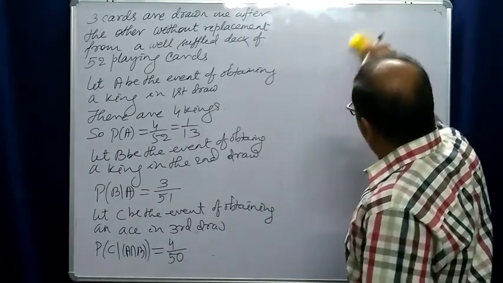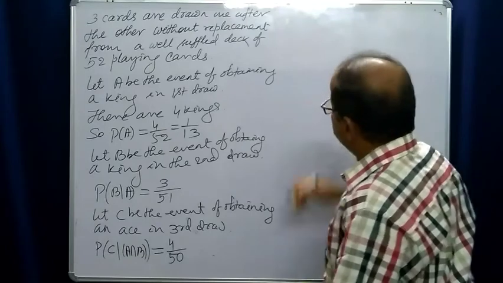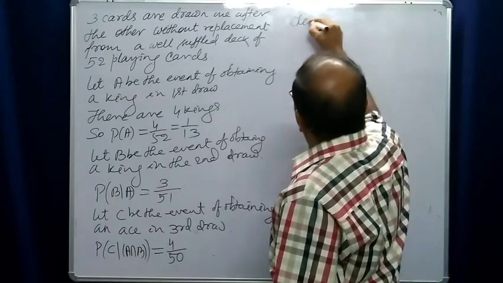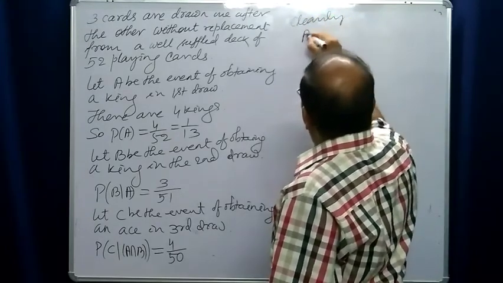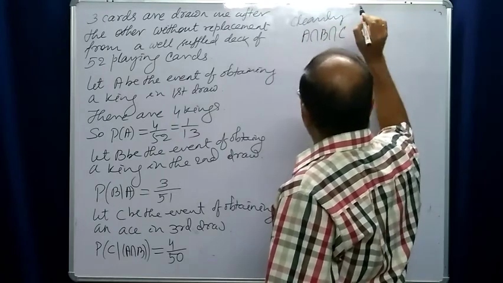Now, what is the probability of A intersection B intersection C?